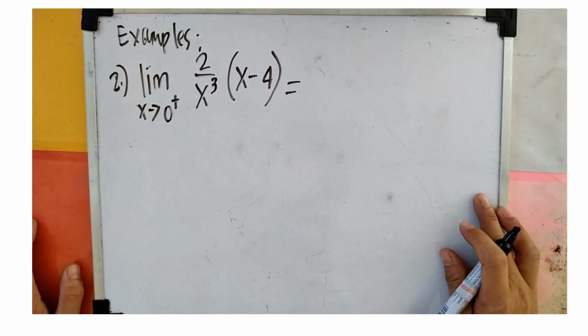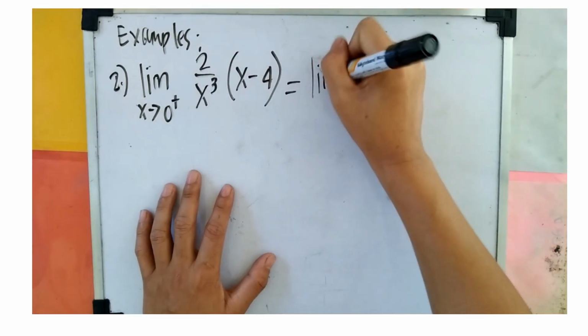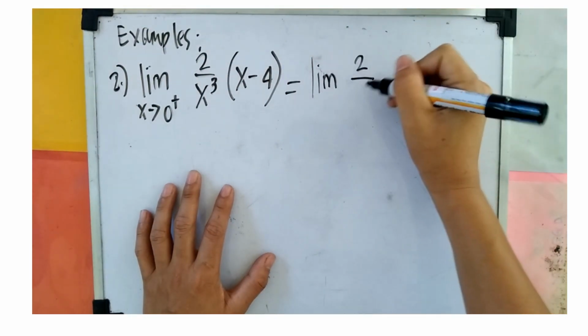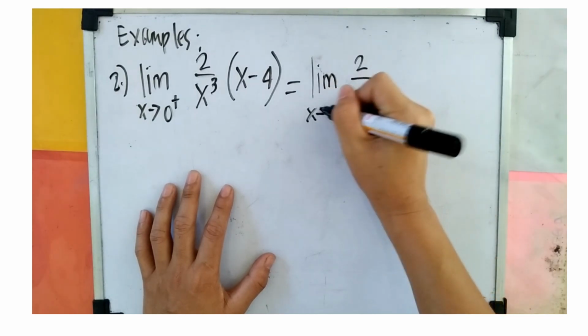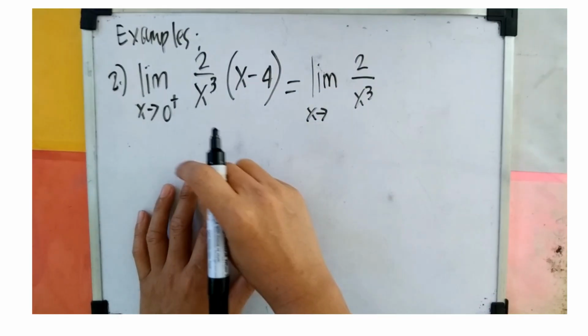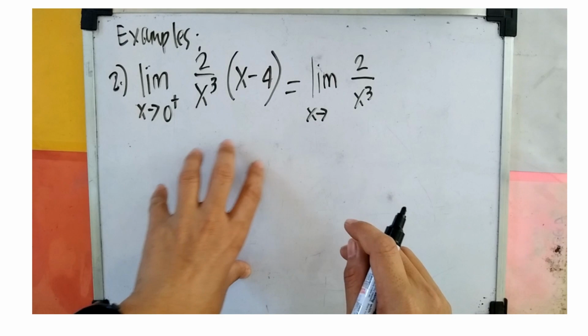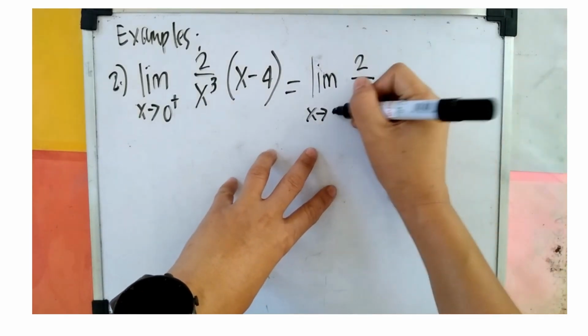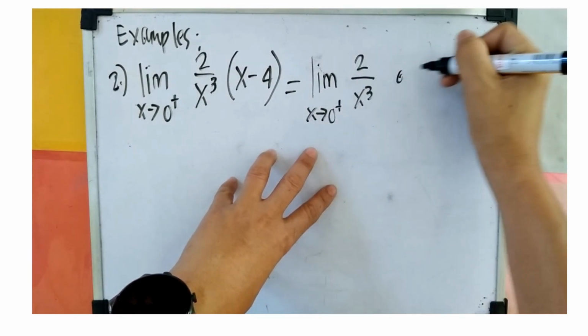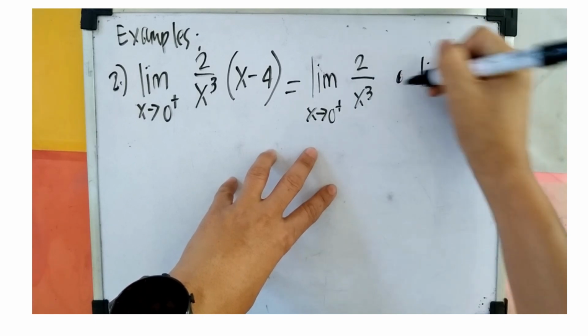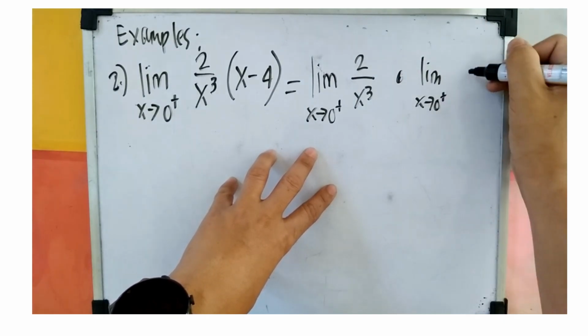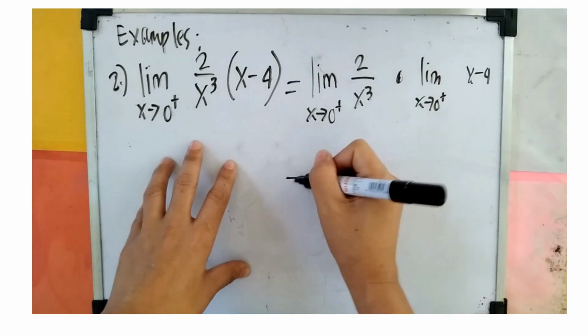Okay, example number 2 for the product of infinite limits. X approaches 0 from the right, times the limit as x approaches 0 from the right of x minus 4.